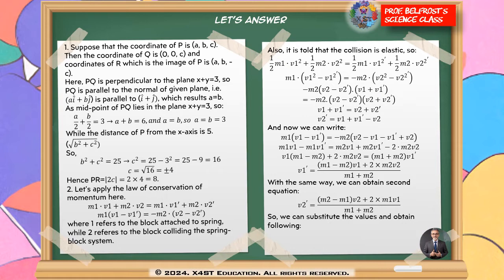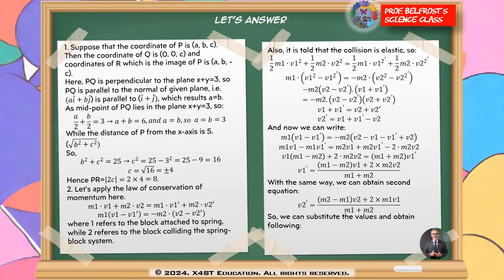Here, 1 refers to the block attached to the spring, and 2 refers to the block colliding with the spring-block system. It's also told that the collision is elastic, so, as you can see on the slide, the kinetic energy will not change; the kinetic energy is conserved too. So it will give us v2 apostrophe equals v1 plus v1 apostrophe minus v2.